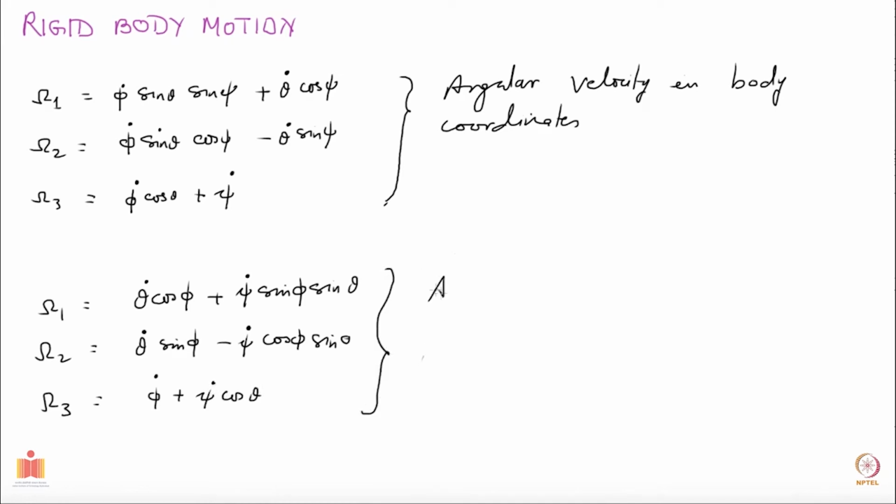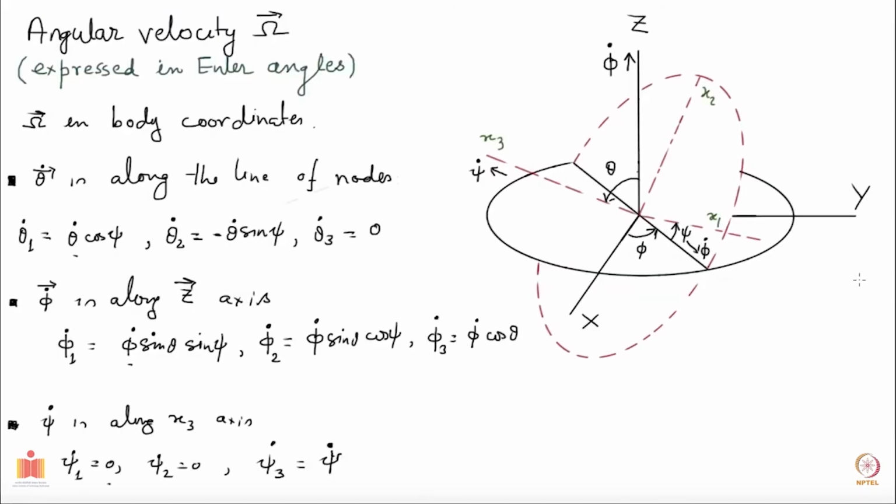This is your angular velocity in space coordinates, or inertial coordinates. Okay, so let's see if everything is fine or not.